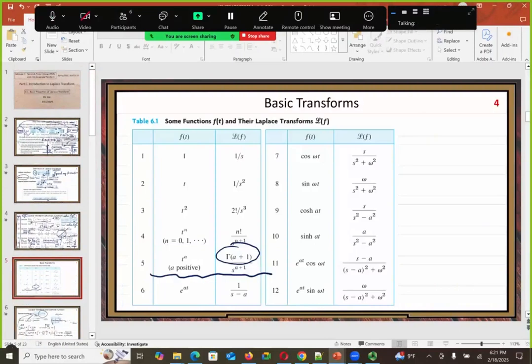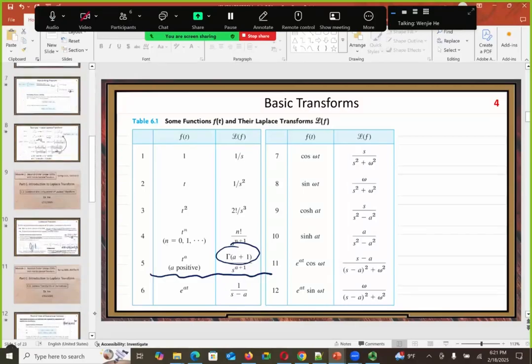This one. Look here, n factorial over s to the n plus 1. Formula number 4.